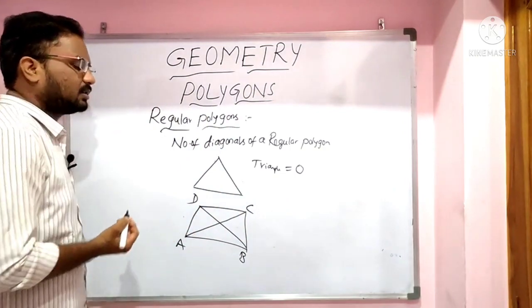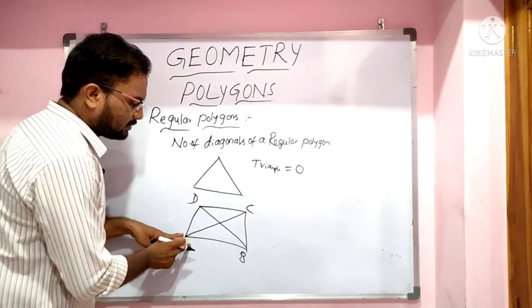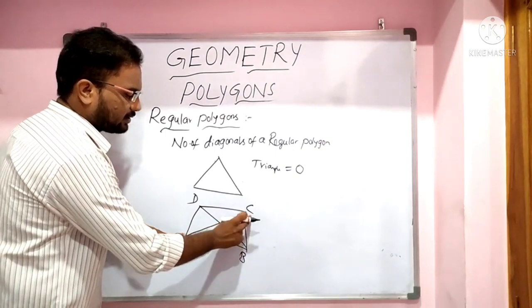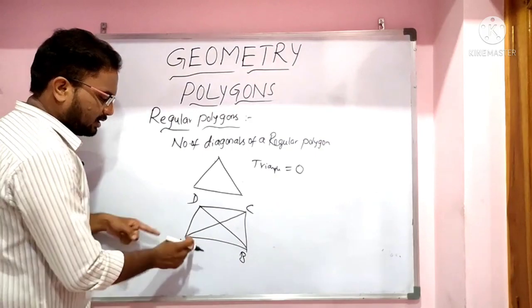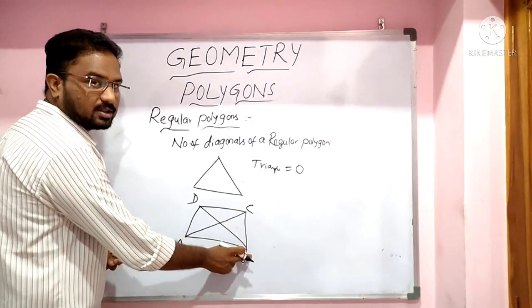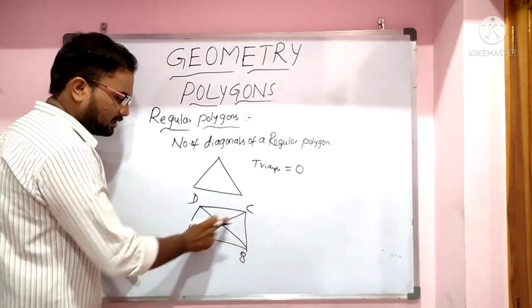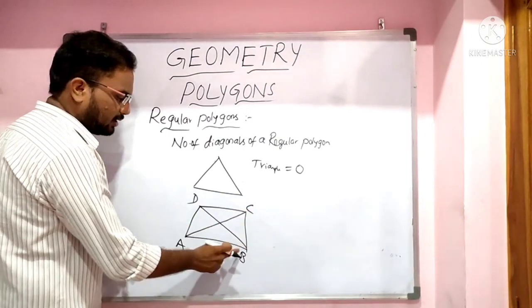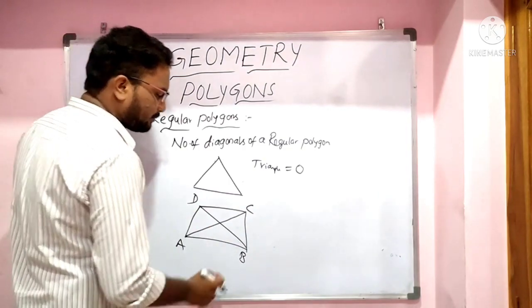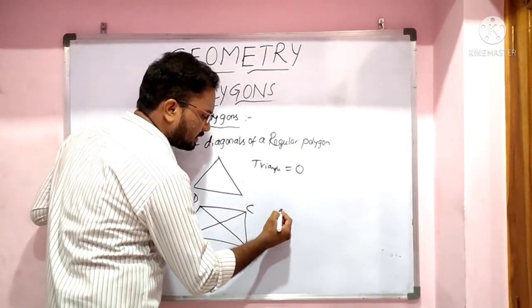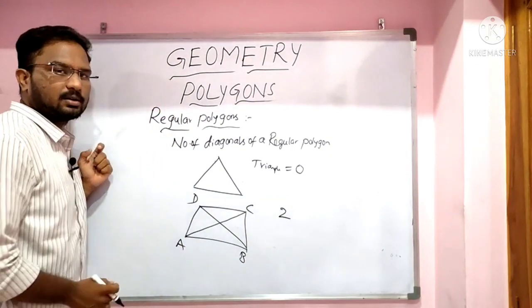In a polygon, a diagonal is what you get if you join one vertex to a non-adjacent vertex. Here B is the adjacent vertex and C is the non-adjacent vertex. So AC is a diagonal and BD is another diagonal. So in a quadrilateral we have two diagonals.